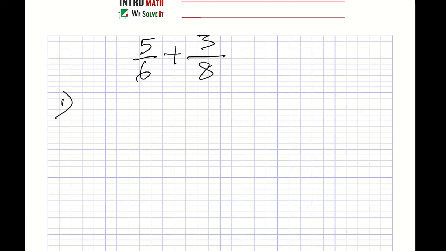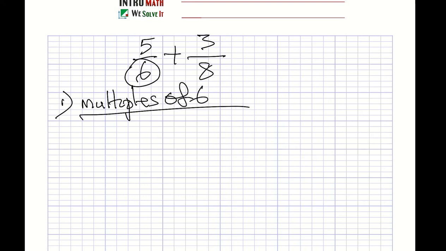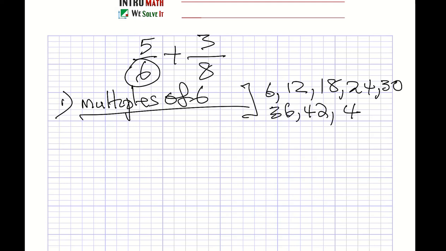And then you start with 6. You look for multiples of 6, right? So you find 6, 12, 18, 24, 30, 36, 42, 48, right?